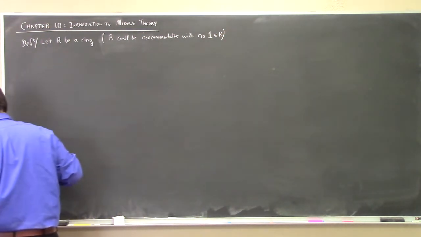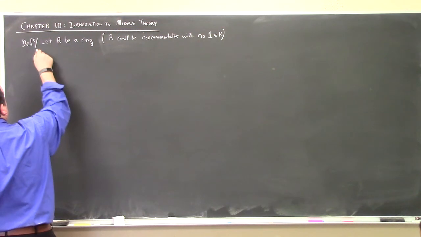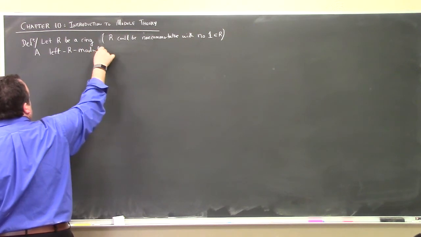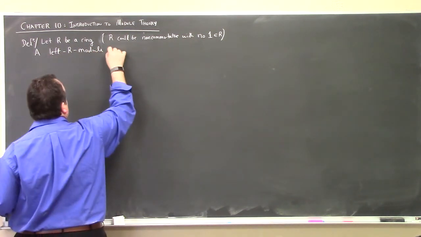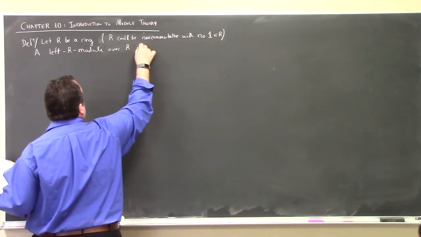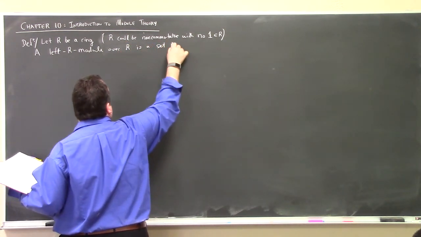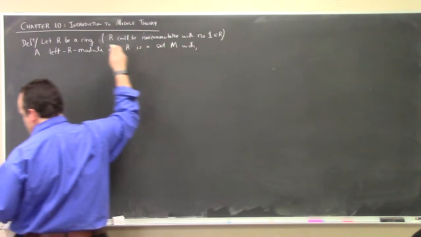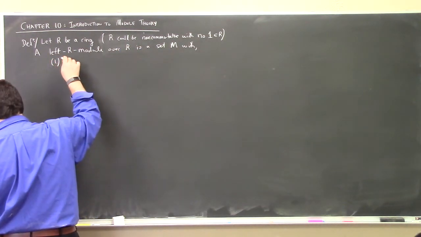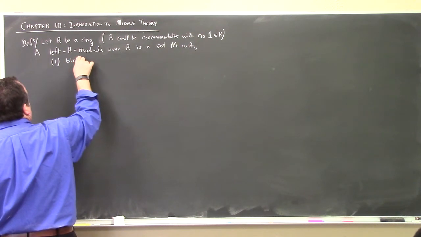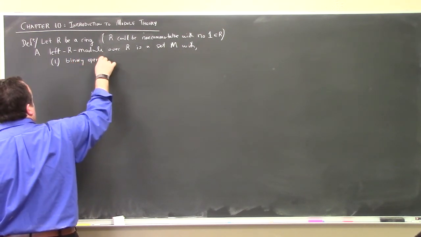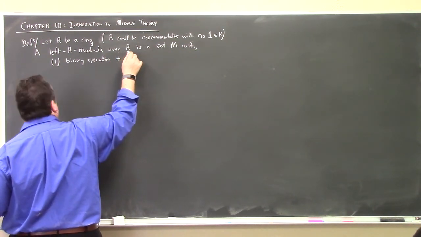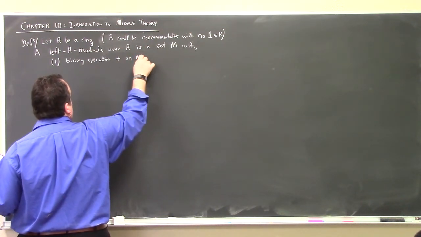Possible. Then a left R module over R is a set M together with, number 1, a binary operation plus, right, on M. It's commutative.